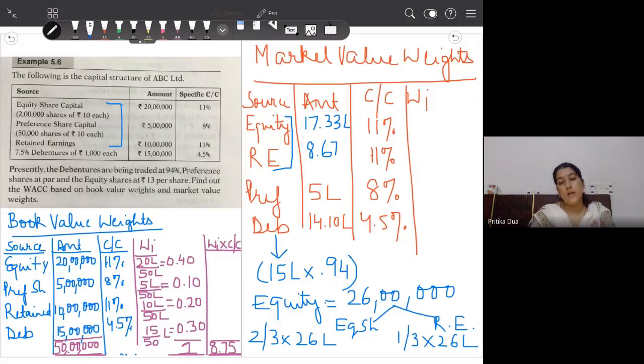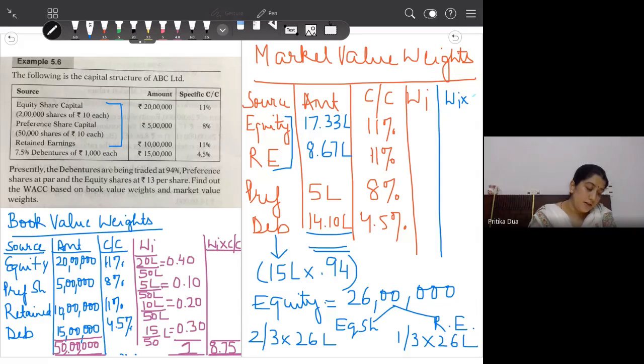So now you can total this up, you will get the total market value, and then you can assign weights, and the last column is the same, WI into CC. This will give you the market value based overall cost of capital. Okay, so please solve now.